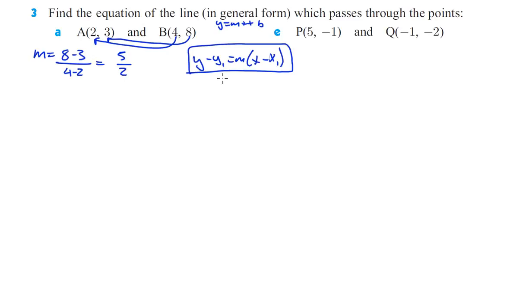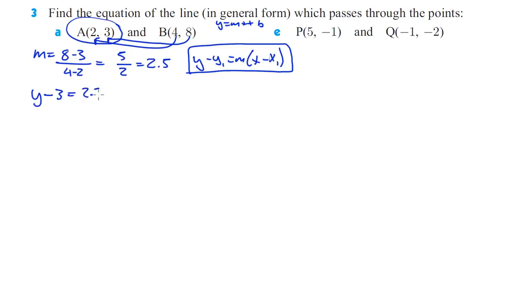Right? So that's a handy formula to use. I'm going to use that with one of these 2 points, and it doesn't matter which one you choose. I'm going to choose the nicer of the two, so I'm going to choose A, but it'll work with either one. So we'll do y minus 3 equals m, which is 5 halves. Or, you know what, I'm going to turn that 5 halves into a decimal, which is 2.5.